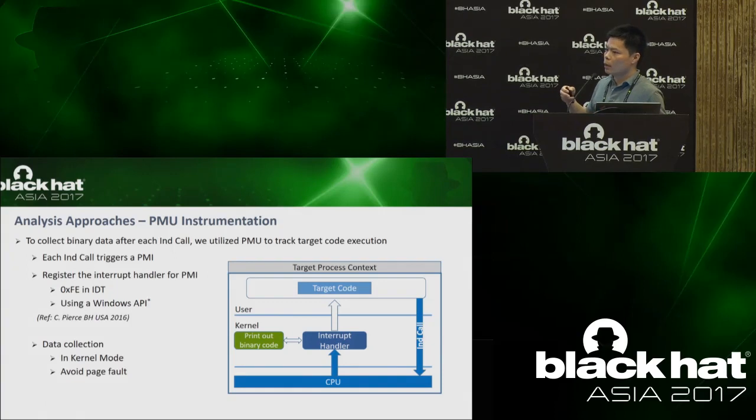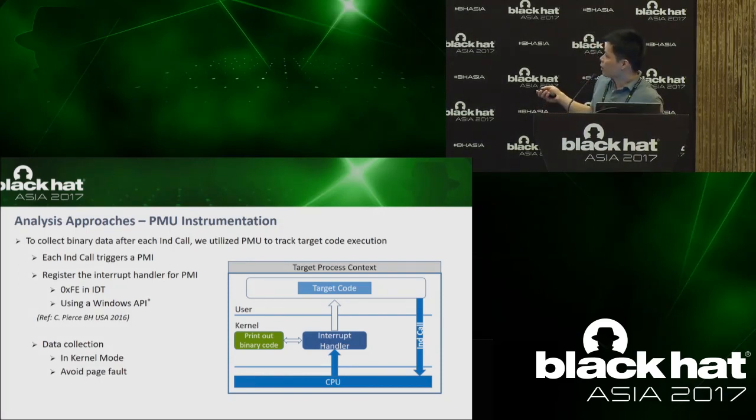So each indirect call triggers an interrupt, and then we registered our interrupt handler through two different ways to collect the context information that we are interested in. Because the handler prints out the binary code directly in kernel mode, we had to be very careful to avoid any page fault problem.